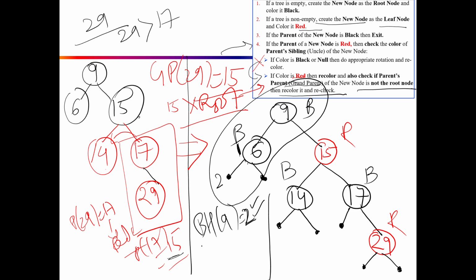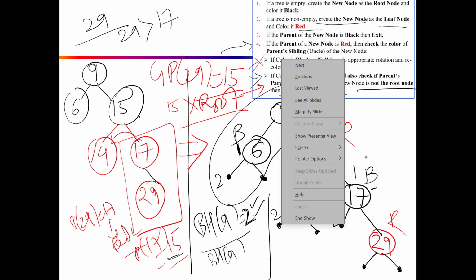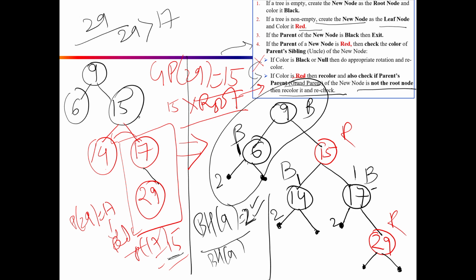If I check in the right subtree, the black height of node 9, I'm not counting 9, so one black node for 17, another black node for the leaf node of 17, so 1 and 2, fine. If I go with another path, one black node for 14, another black node for the left leaf node of node 14, 2, fine. For the right leaf node of node 14, one black node with node 14, another black node with the right leaf node of node 14, 2.